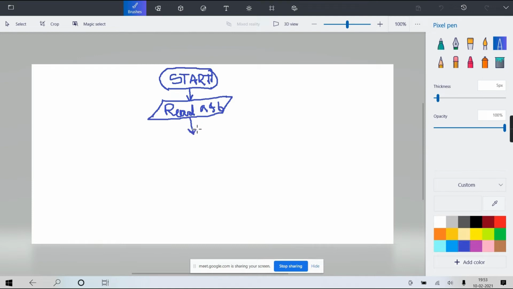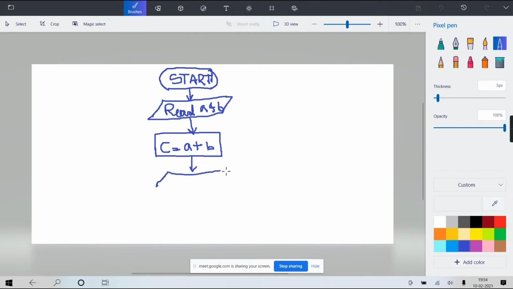Now after accepting two values, we have to do the calculation. For calculation, I have told you, you have to use a rectangle. So for the calculation I am showing C is equal to A plus B. Please understand, because I am drawing it with a mouse. Now that C we have to display.